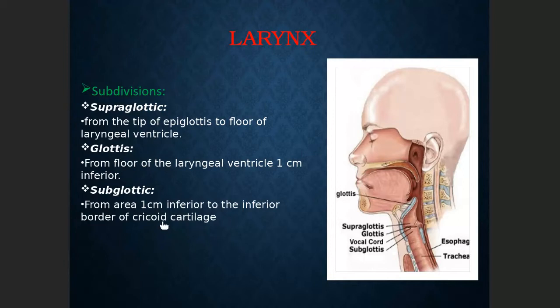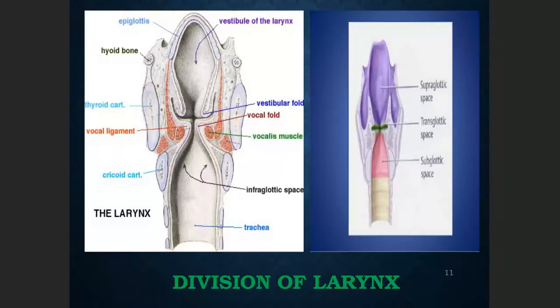Subglottic starts 1 centimeter below the vocal cord until the inferior border of the cricoid cartilage. After the cricoid starts the trachea. I will show you more clearly here.